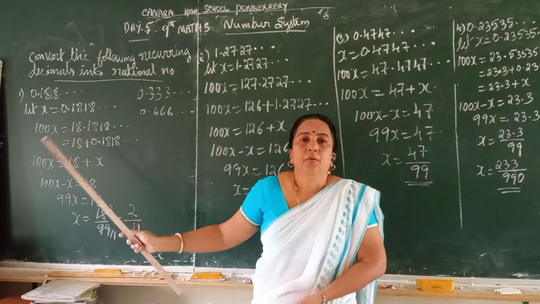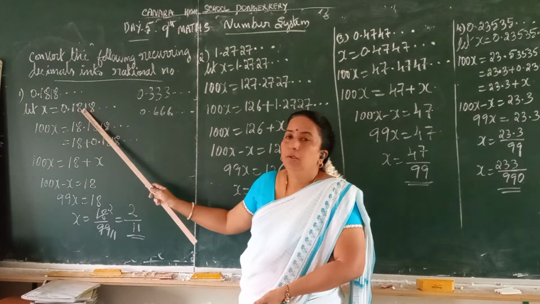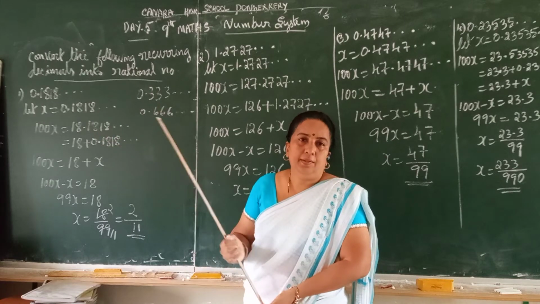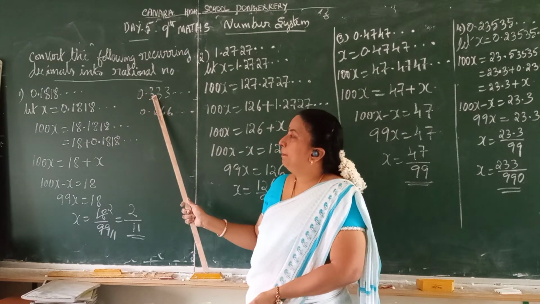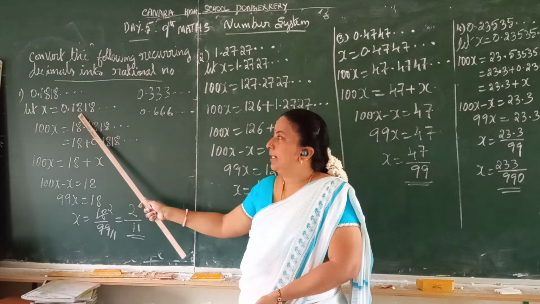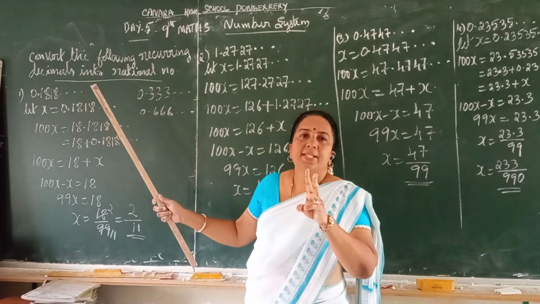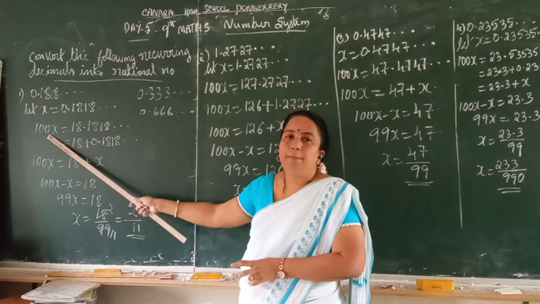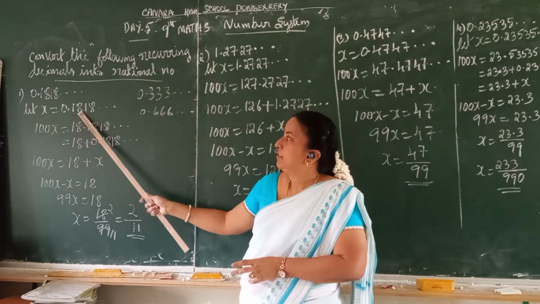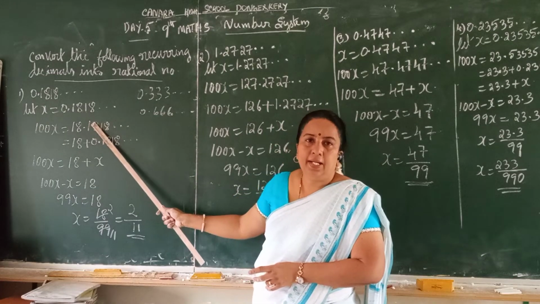Since we have to move the decimal point forward, if it is a single digit, we move 1 place forward. Since it is 2 digits, you have to move 2 places forward. So x should be multiplied by 100. 0.1818 also should be multiplied by 100.